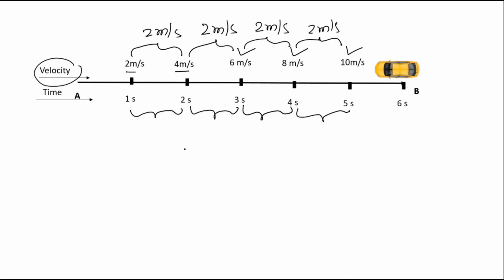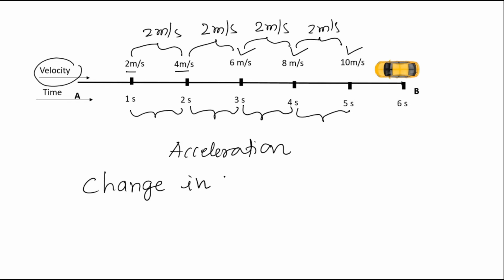Definitely there is an acceleration. Why is there an acceleration? Because there is change in velocity. Then how is this example different from the previous example? The difference is in the change in velocity.